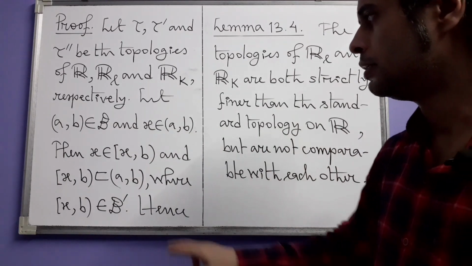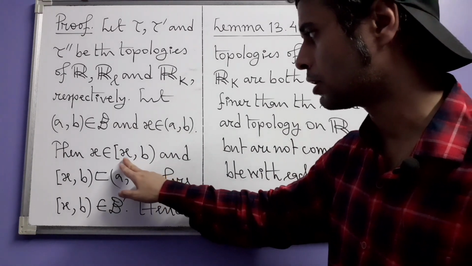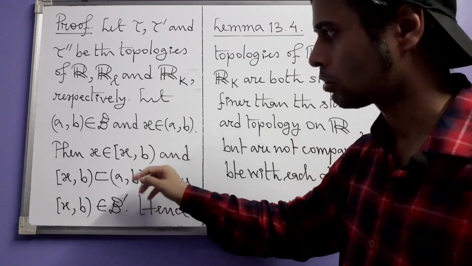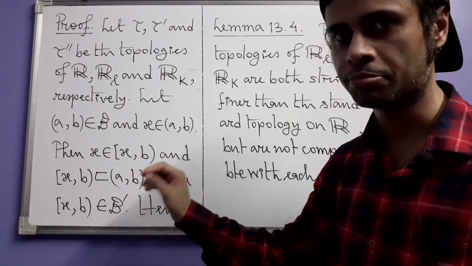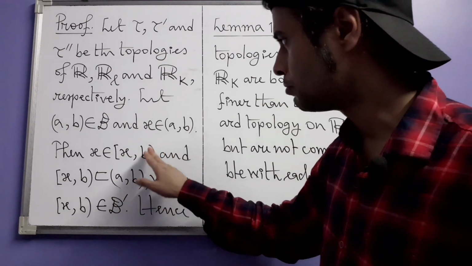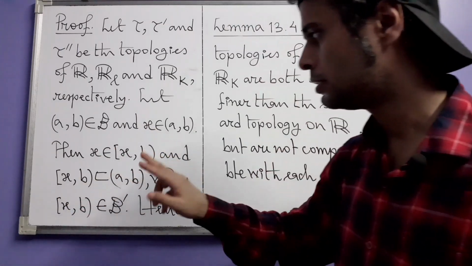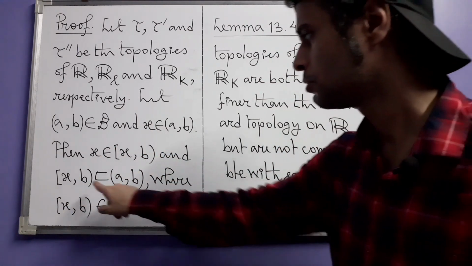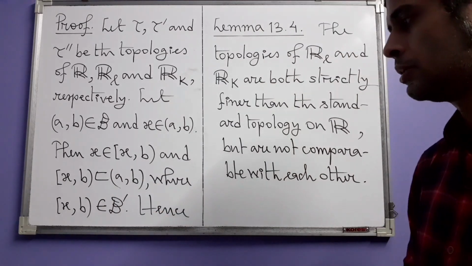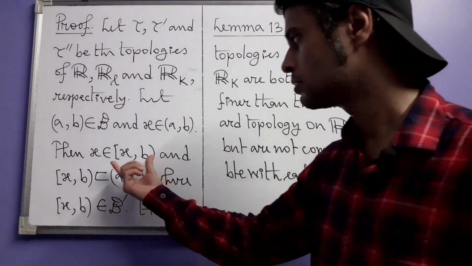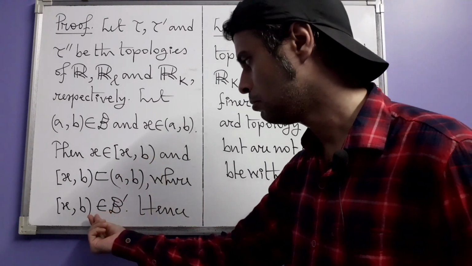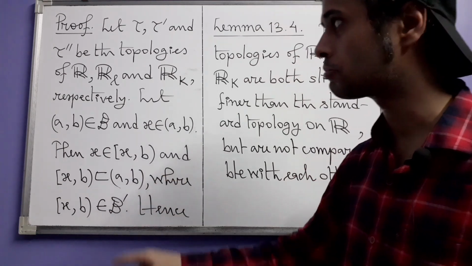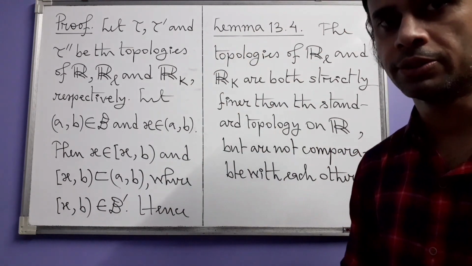You can then see that this closed open interval [x, b) obviously contains x as a point in it, and is itself contained in (a, b). It's a pretty easy thing to see why we have this containment. And the important thing is that this closed open interval is a basis element in the basis for the lower limit topology.